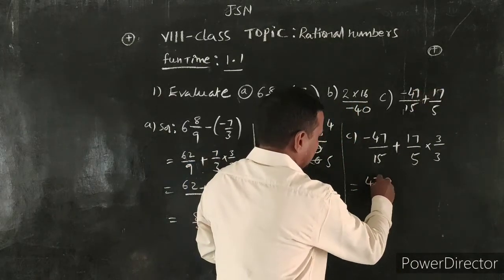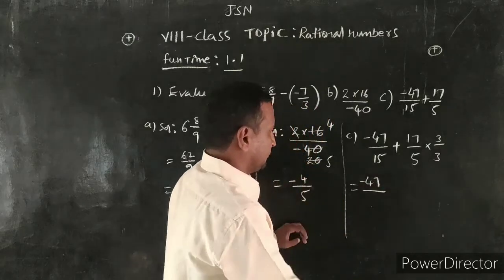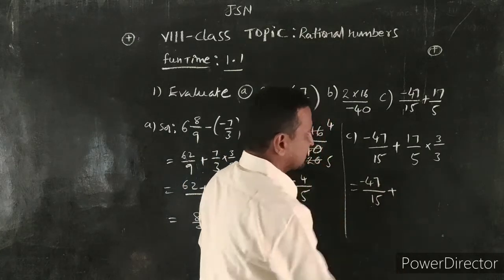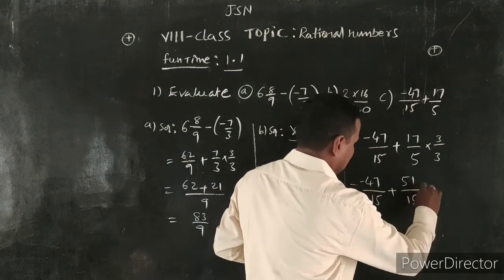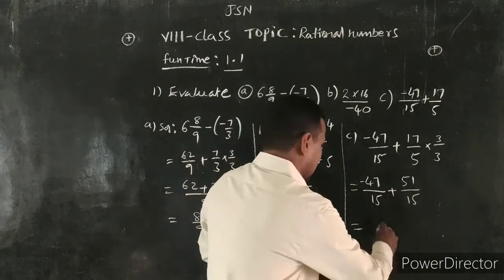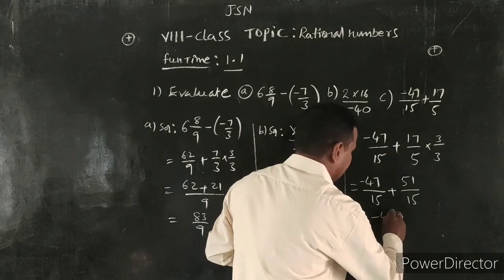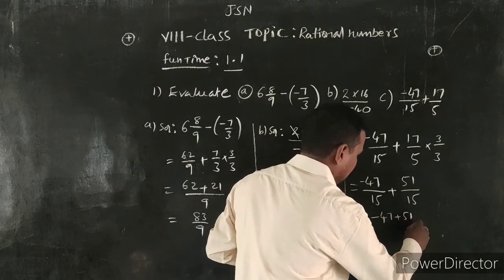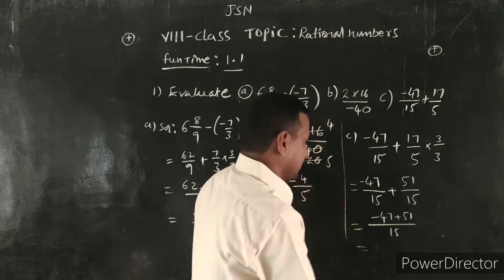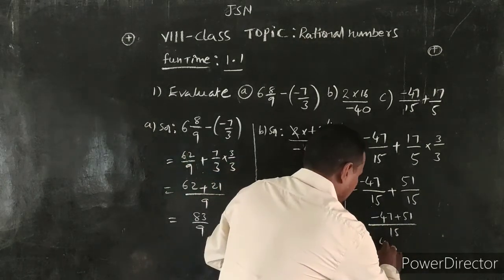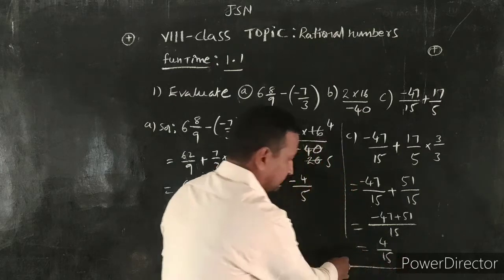Minus 47 by 15 plus 51 by 15. Okay, the denominators are equal, so the numerators must be added: minus 47 plus 51 by 15. 51 minus 47 is 4 by 15.